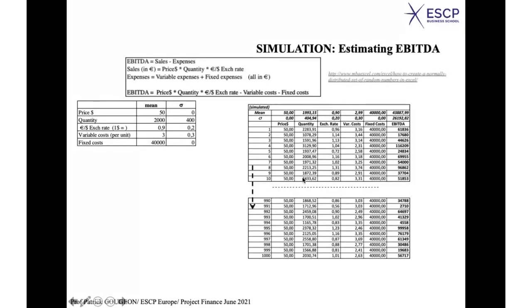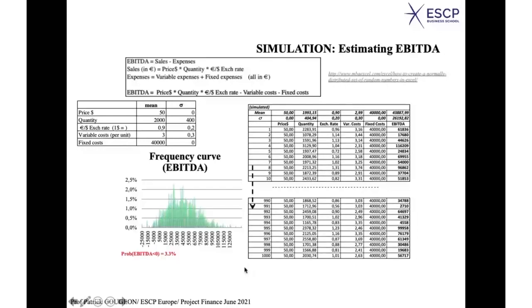After that, for each line, I can calculate the sales. And the sales, indeed, are also distributed following a certain distribution, which is the combination of all the probability distributions of these parameters. You obtain a distribution of sales, which is like this, where you have a probability.